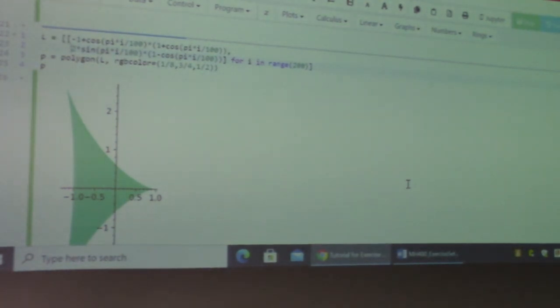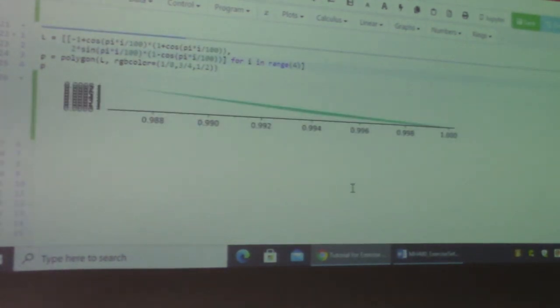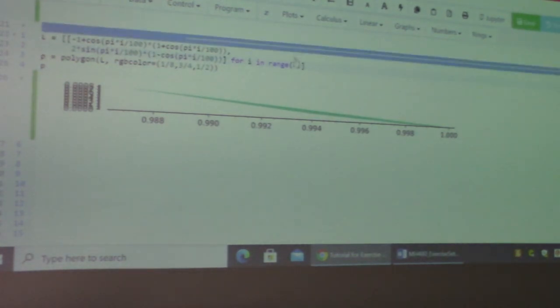And the thing is that there's so many of them. There's 200 of them, right? So I don't think we can even see them. I think if I change that 200 to 20, maybe we could see it. Maybe if I made it like 4. Jeez. Well, it's not working out well for me today, is it?